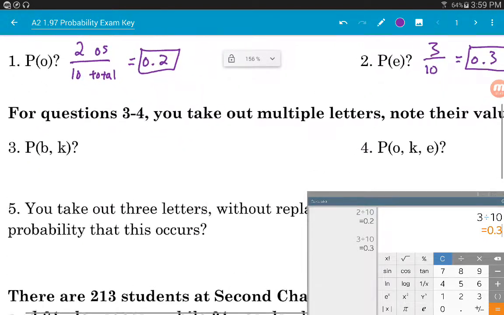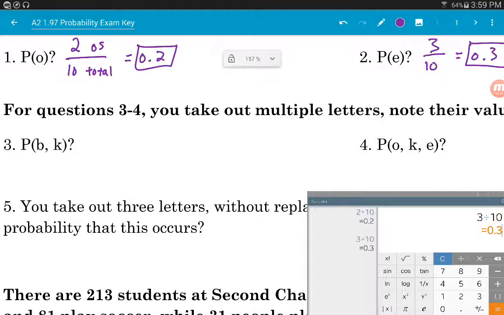So for question 3, the probability of B, then K. So we take out multiple letters, multiple trials. That means we will be using multiplication.